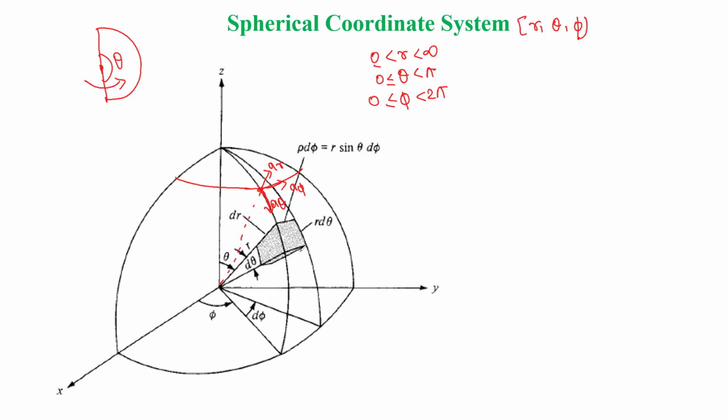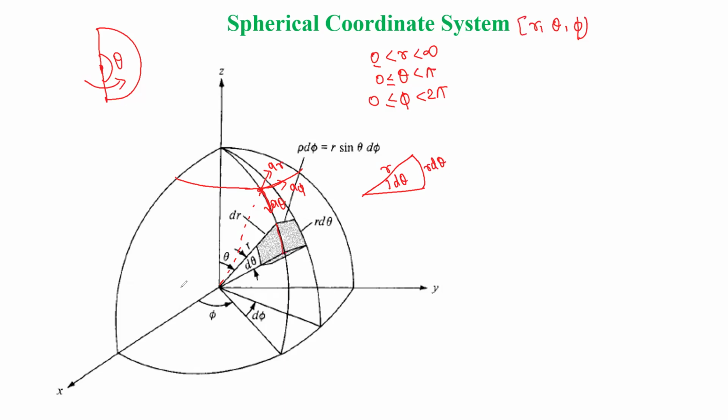Now for this differential volume, what are the dimensions that you try to find here? So this arc, the same formula we are applying here. If you see it in this format separately, for this arc length, this radius is r, this is d theta. So that's why this length is r d theta.